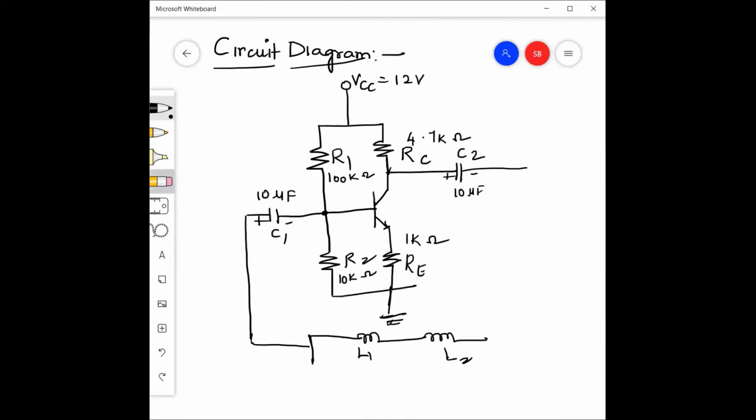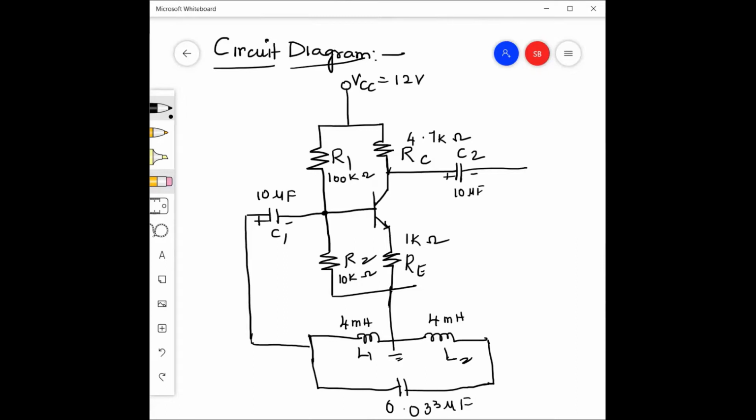Now we can extend the ground to the tuned circuit also, because we can have a common ground. This is given to the capacitor of 0.033 microfarads.